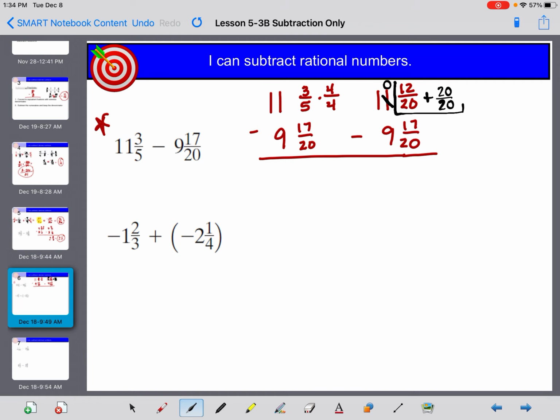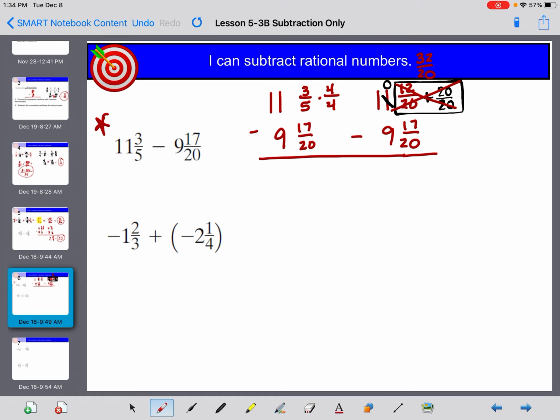So I just took the 1 and I added it, and when I added it, I called it 20 twentieths. I can rename 12 twentieths plus 20 twentieths as 32 twentieths in that box.